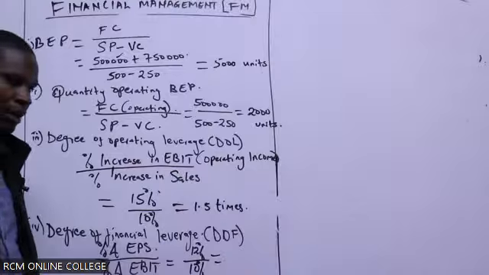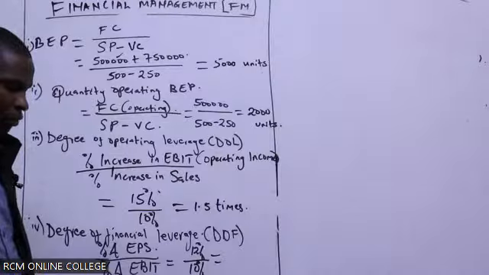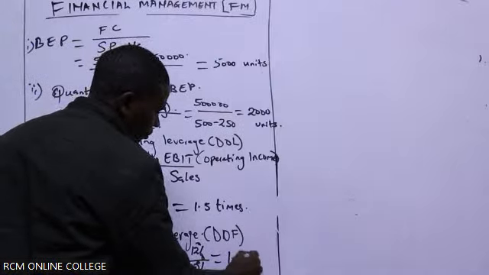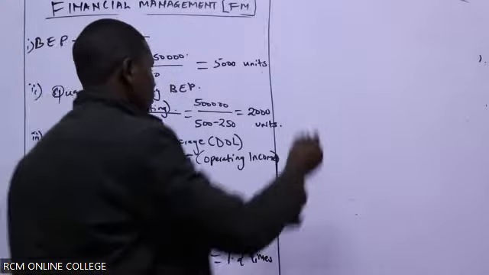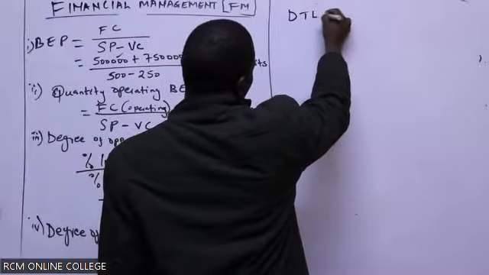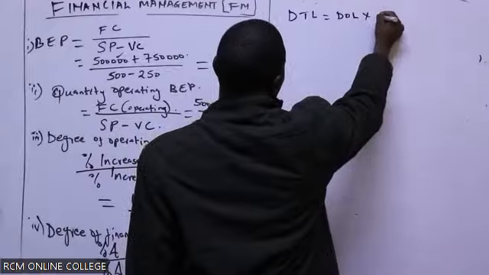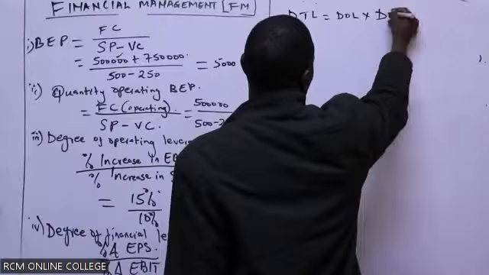12% divide by how many times? 1.2 times. And then DOL, the degree of total leverage, is DOL times DFL, degree of financial leverage.